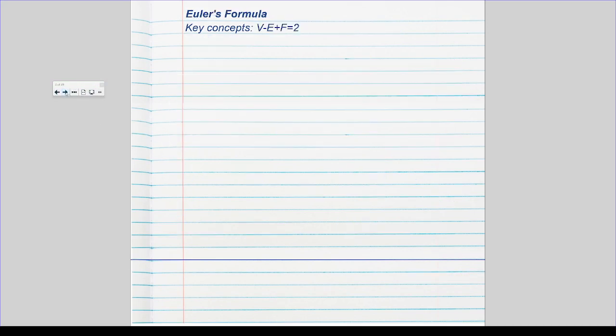So within any polyhedron, we have this formula called Euler's formula. It applies to all polyhedra. And it relates the number of vertices, edges, and faces that any polyhedron must have in order to be an enclosed shape.